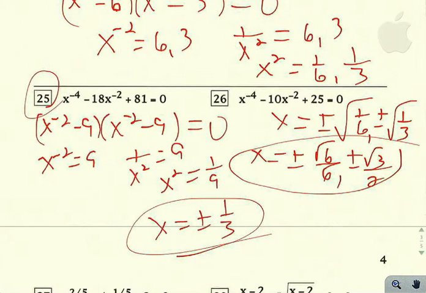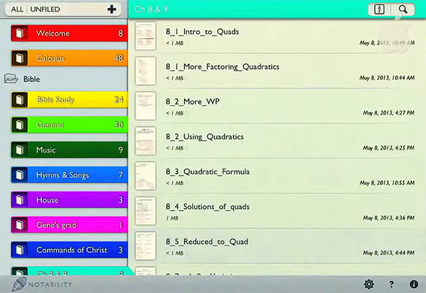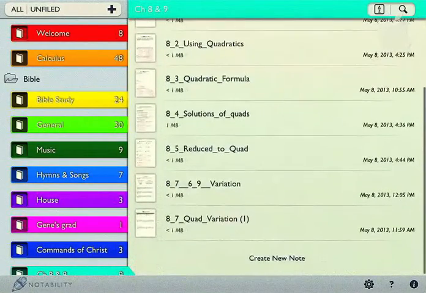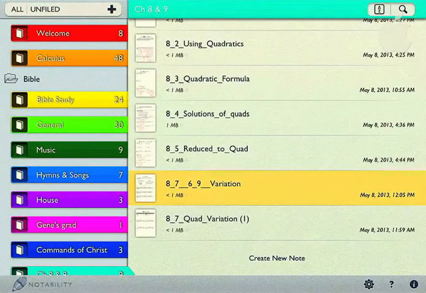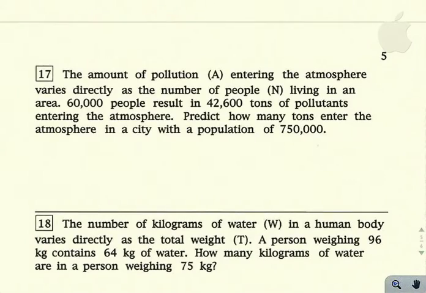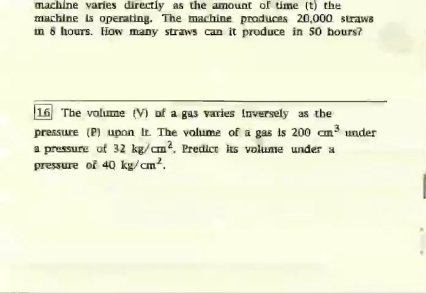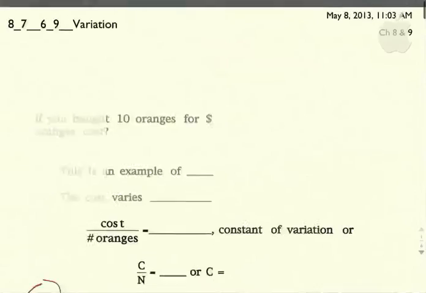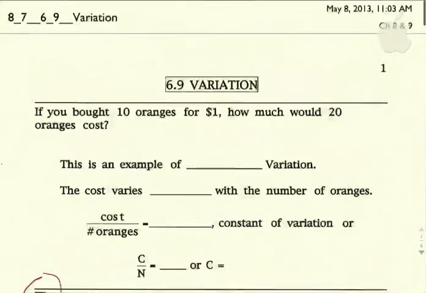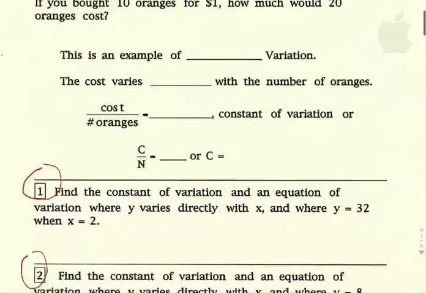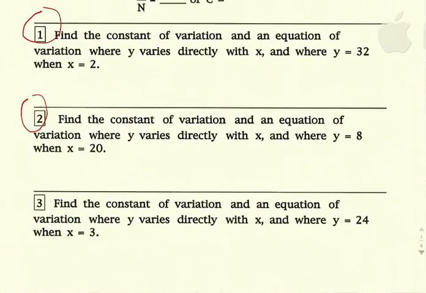So now let's go to 8.7. There's two 8.7s, 6.9. And this one we will start with, it's this handout, which is titled 8.7, 6.9. Number 1 says find the constant variation and equation of variation where y varies directly with x.